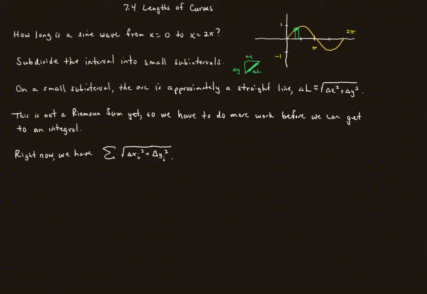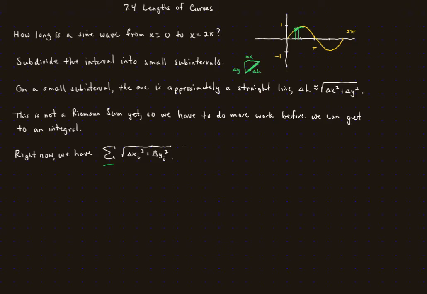Now this isn't yet in the form of a Riemann sum, which we want so that we can take the limit as the number of subintervals n goes to infinity and get to a definite integral. So we have a little bit of work to do first. If we sum up n of those little arc lengths, we get this summation with the square root of delta x sub i squared plus delta y sub i squared.